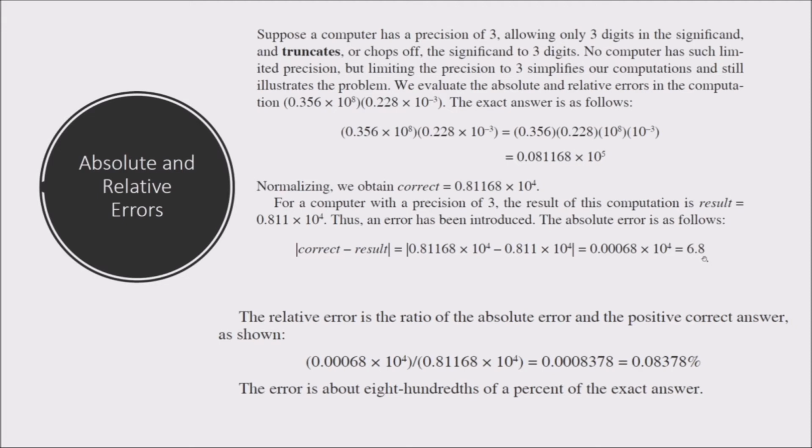So it's a huge error actually. 6.8 is a big error, right? Obviously if you have only a 3-digit number register, this is what is going to happen. The relative error is you divide that by the actual value. When you divide that by the actual value, you get some value like this, and then you multiply by 100.